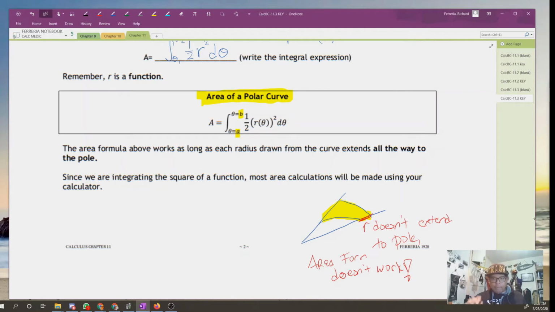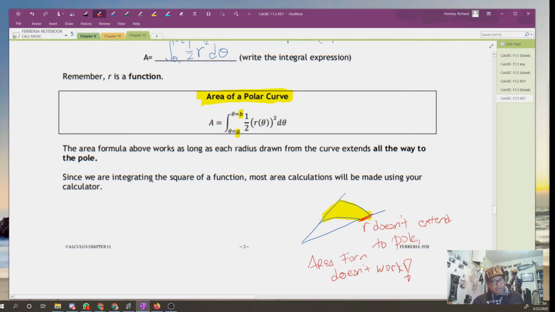From experience, I know that some people are not going to be integrating a function. They're going to be finding the radius at one or other part of the region and then just integrating a constant radius. And that's not going to work. Your radius in polar curves is a function, so make sure you're integrating a function.